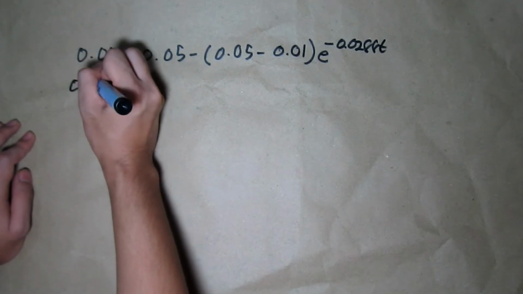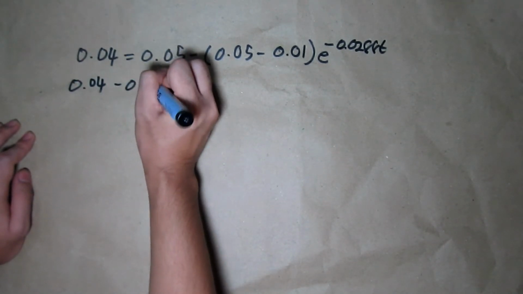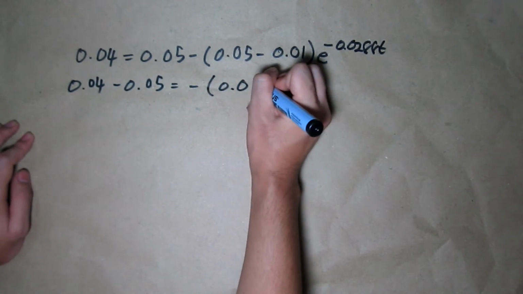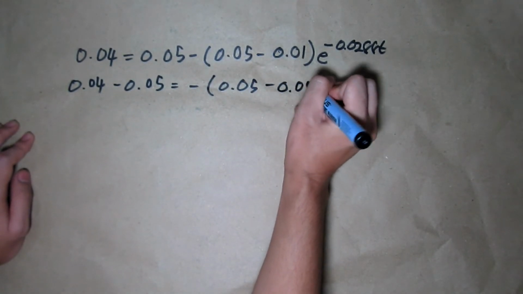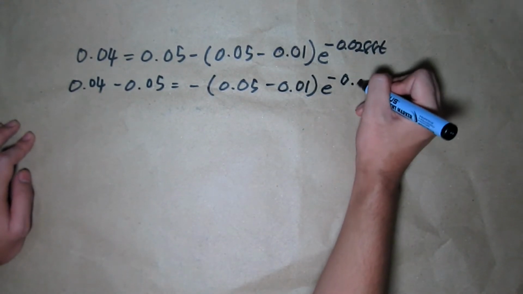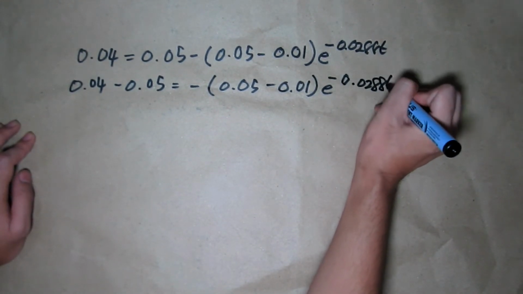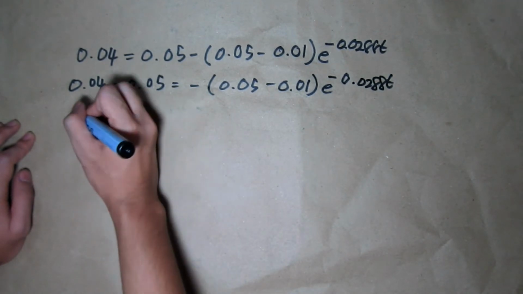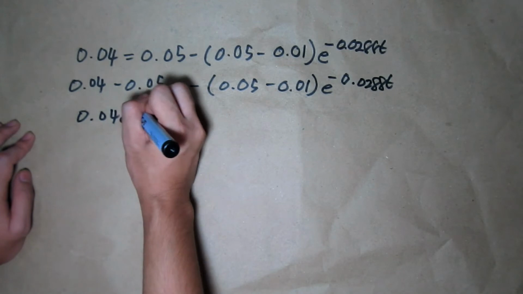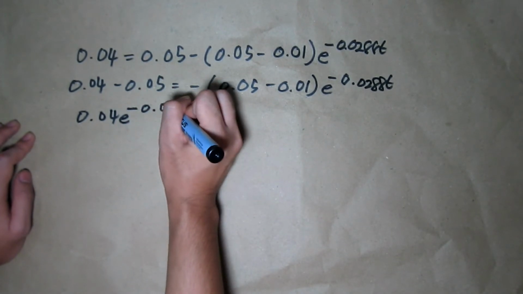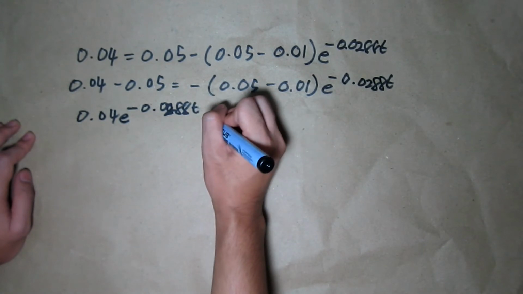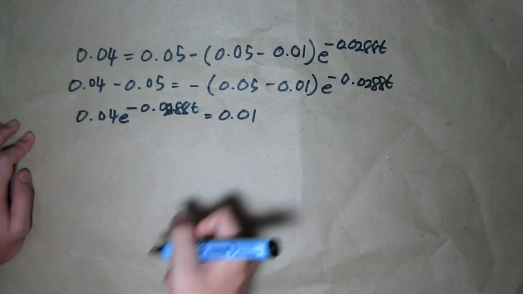Now 0.04 minus 0.05 is equal to negative 0.05 minus 0.01 times e raised to the power negative 0.0288 t. Then 0.04 e raised to the power negative 0.0288 t is equal to 0.01.